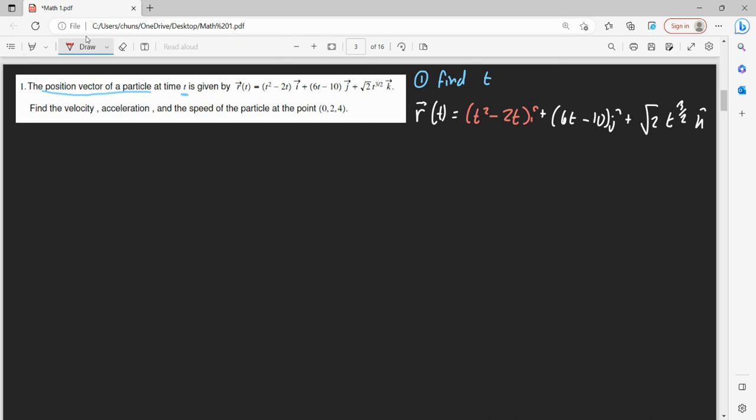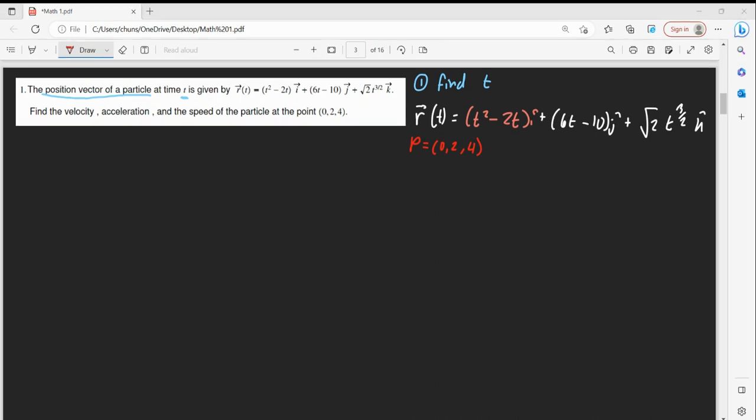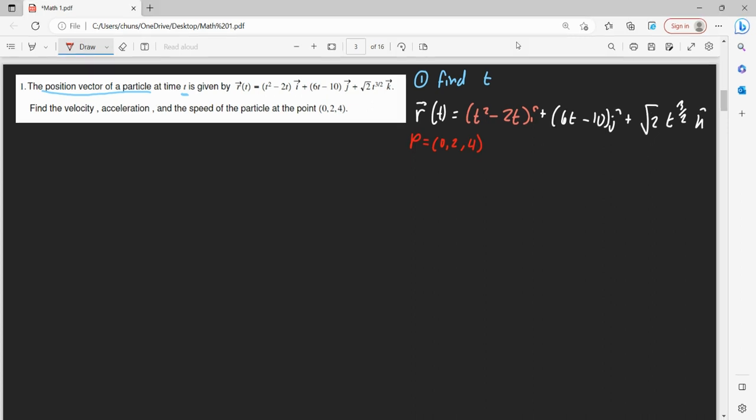And we know that our point is equal to (0, 2, 4). So what we are going to do with this knowledge is use each of the x, y, z terms and keep it together with the matching term from our position vector.